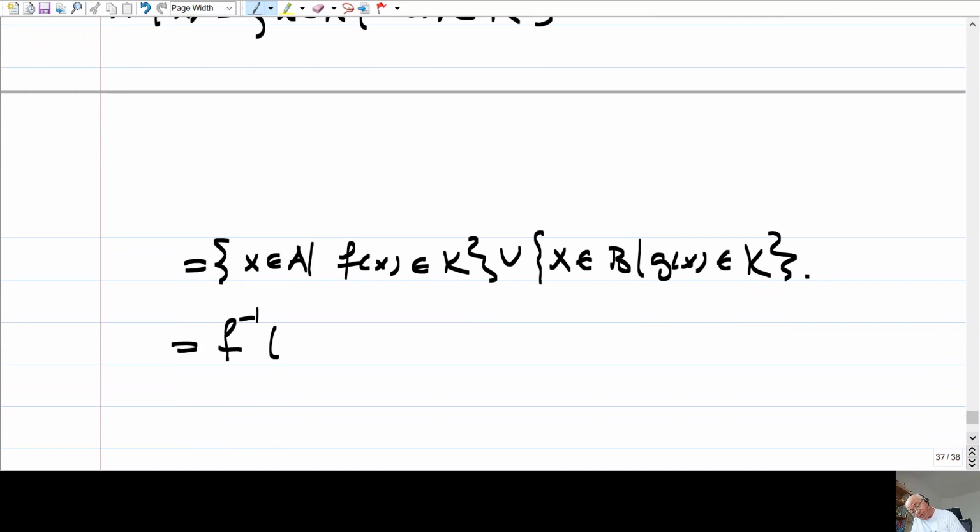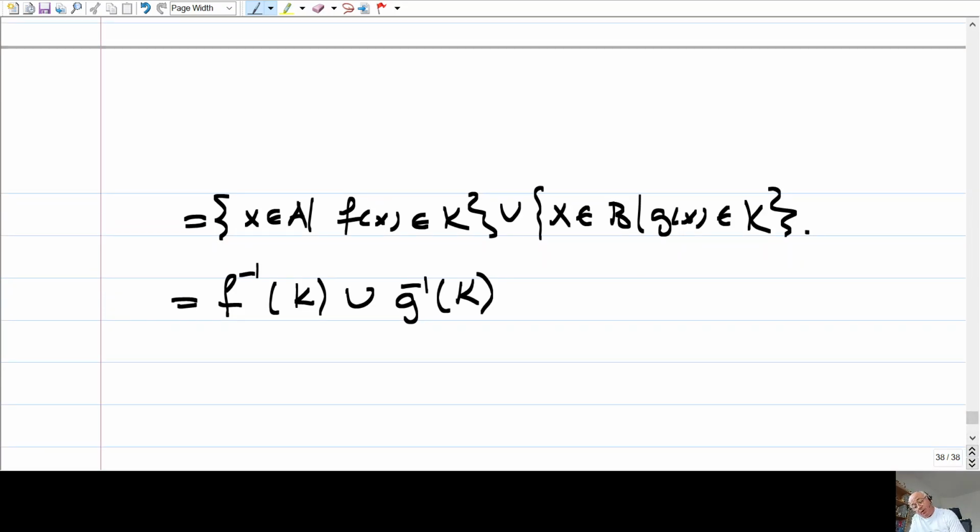Okay, so this is equal to what? This is just the inverse image of K under f union the inverse image of K under g.